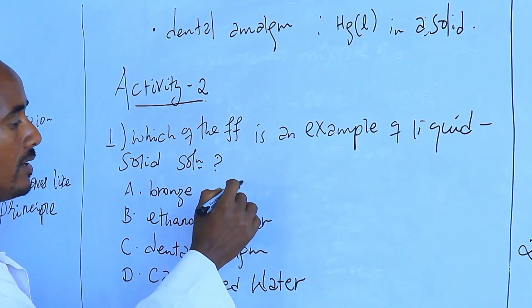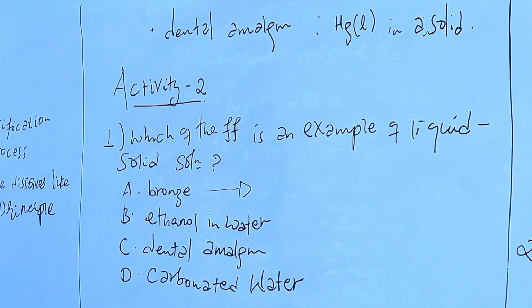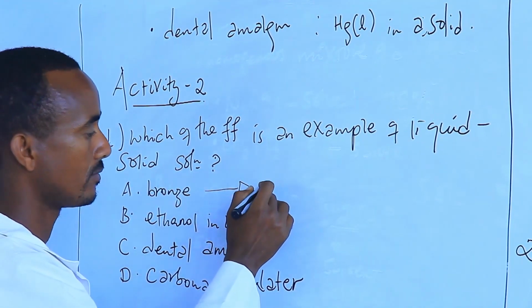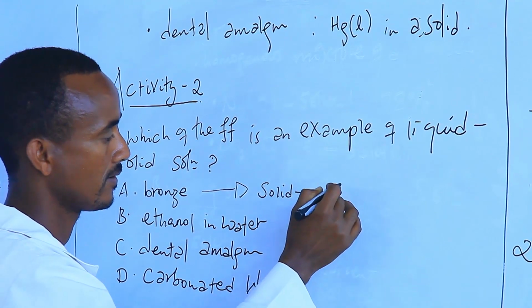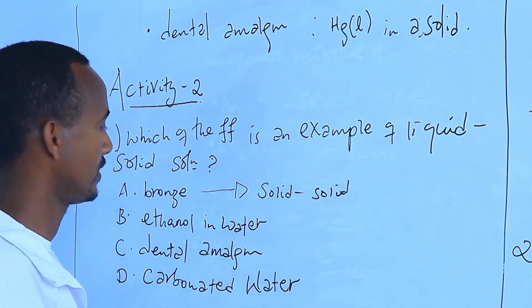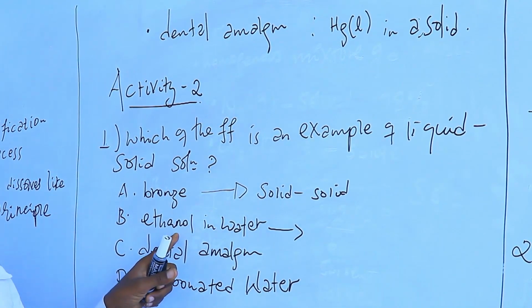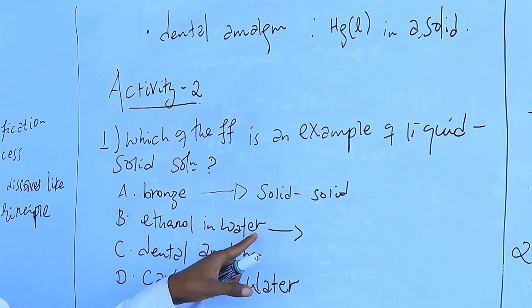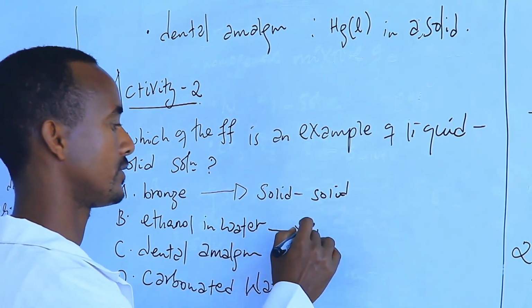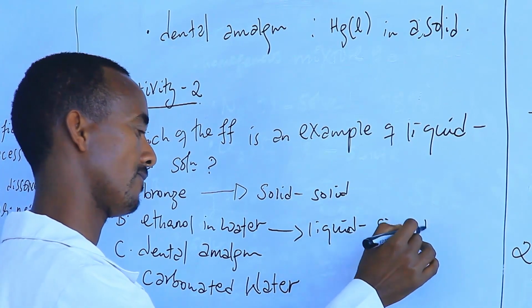Bronze is a solid solution which is made by dissolving a solid with a solid solvent. Therefore, it is a solid solution. And the second one is ethanol in water. Ethanol is a liquid and water is also a liquid. Therefore, this is a liquid solution.